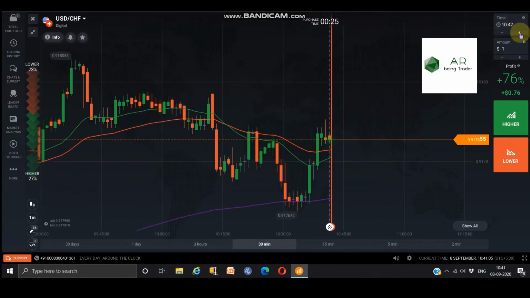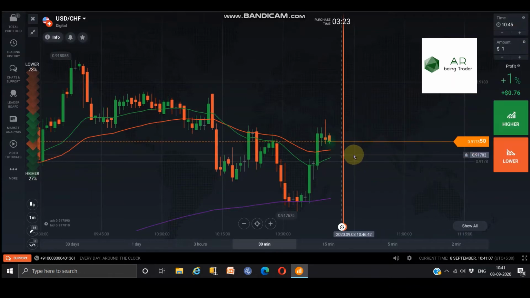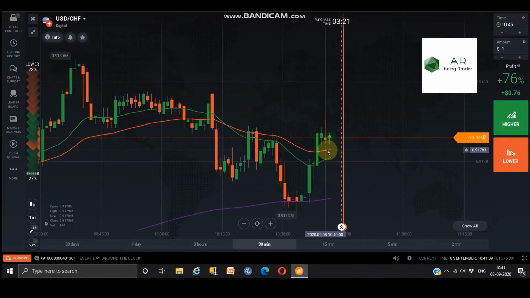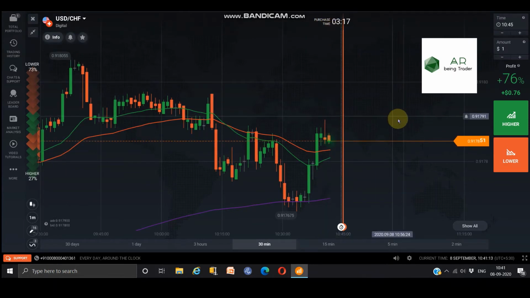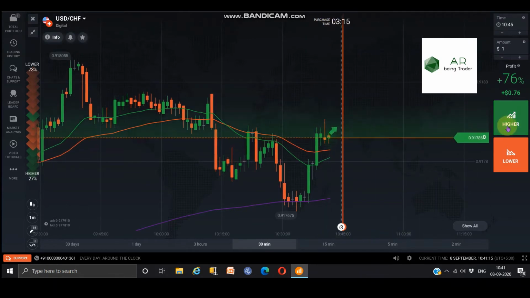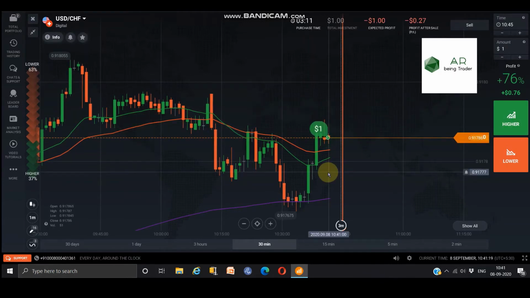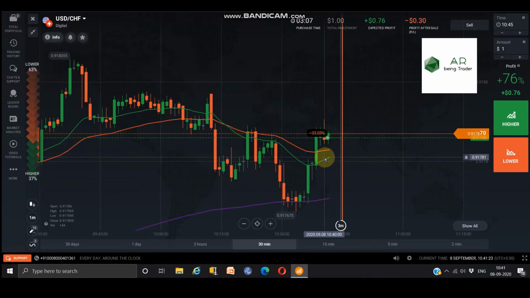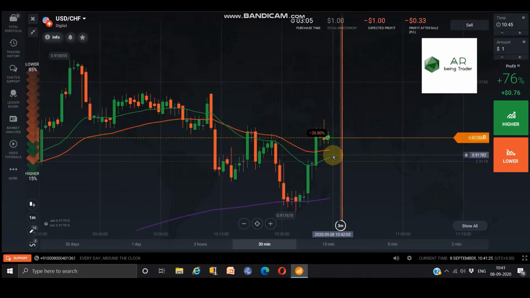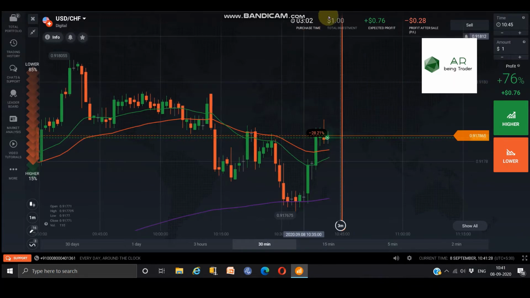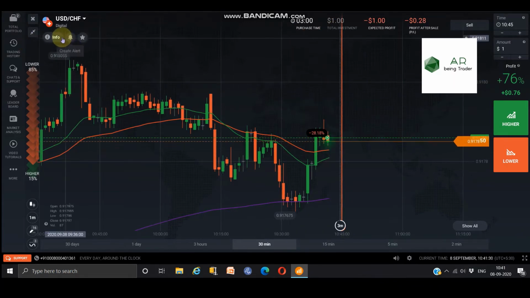I hope I have some chance here. I'm going to take my trade here, but I'm getting less time, but no problem. My trade is placed. At maximum, we're going to win most of the time. It's USD CHF.